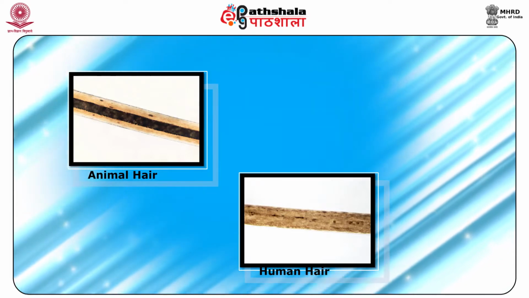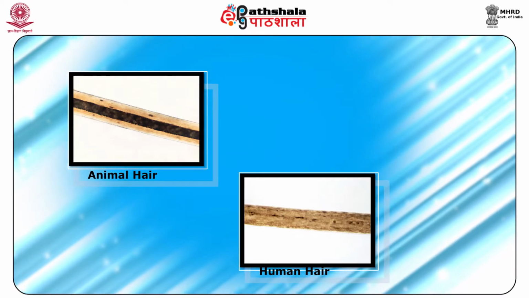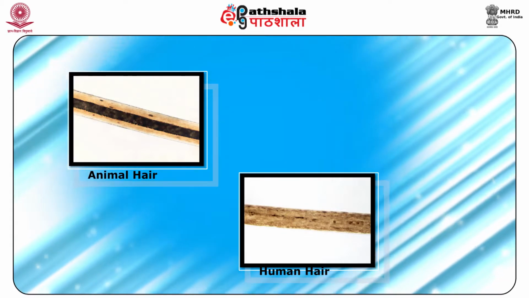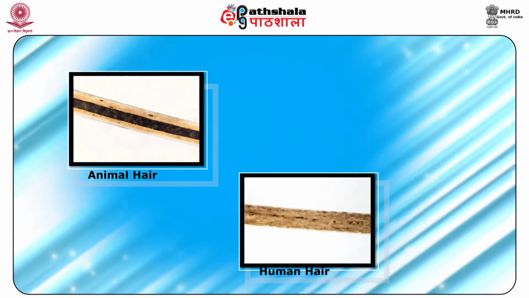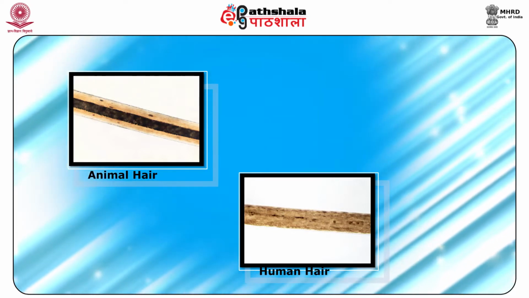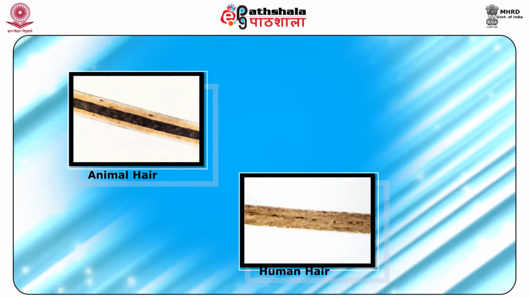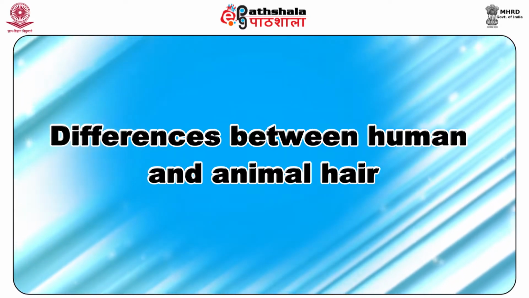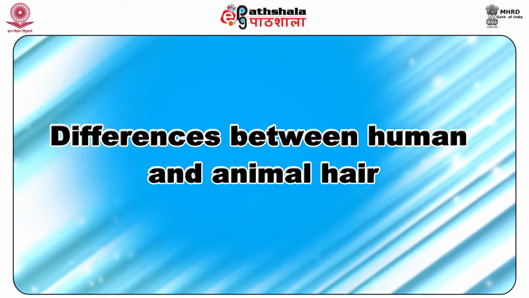Human hairs are usually homologous in color along the length. The ratio of the diameter of the medulla to the diameter of hair itself is known as medullary index, and in human it is 0.33 or less. Next is differences between human and animal hair.